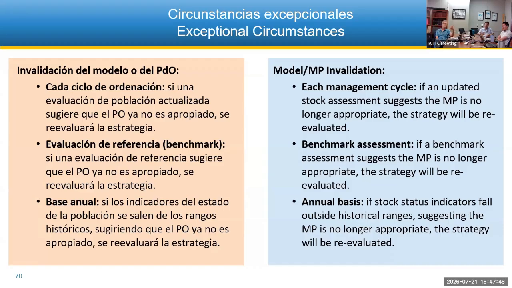And so if that suggests that the management procedure is actually not working anymore, then again, we'd have to reevaluate everything. And then finally, periodically, we will conduct benchmark assessments if new information is available or if some other information suggests that there's some issues. And again, if the benchmark assessment suggests that the management procedure is no longer appropriate, then we would reevaluate things.